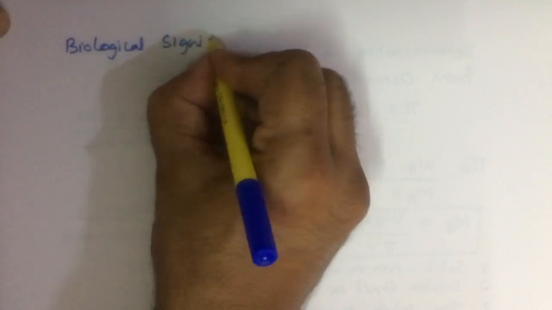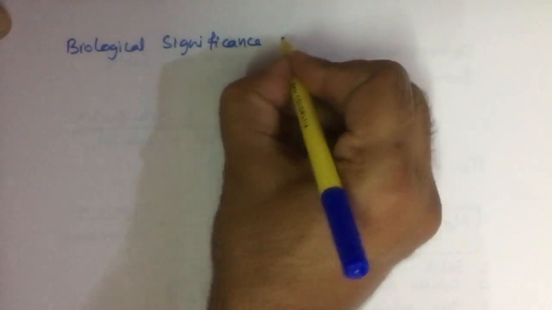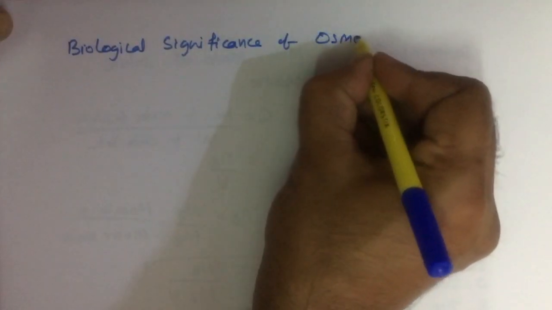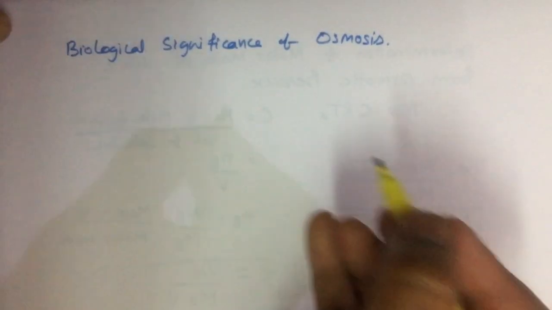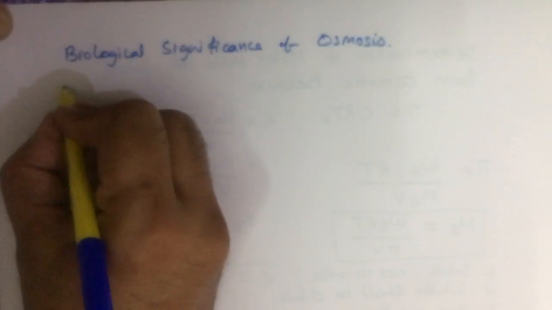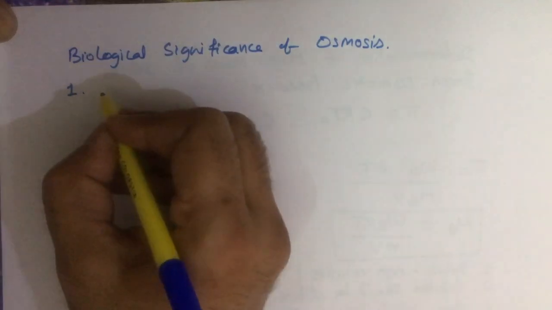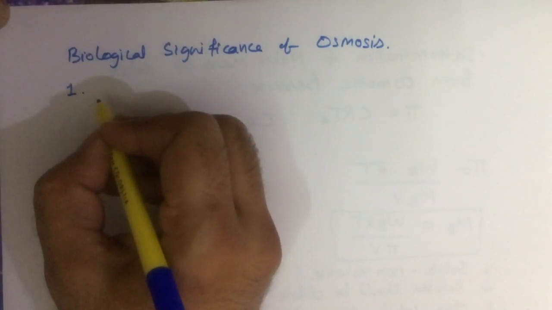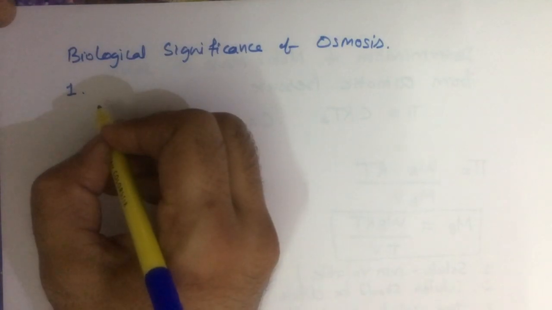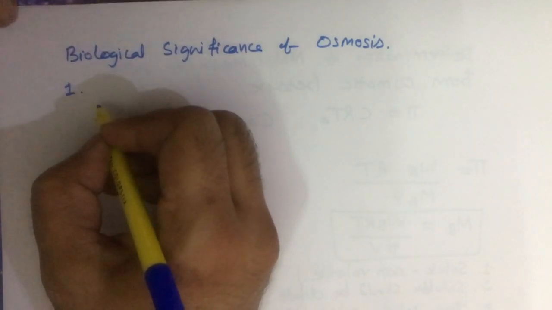Next topic is biological significance of osmosis. Now, the absorption of water by plants from the soil through the root and its movement to the different parts of the plants is due to the process of osmosis.